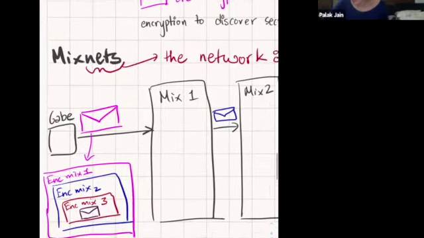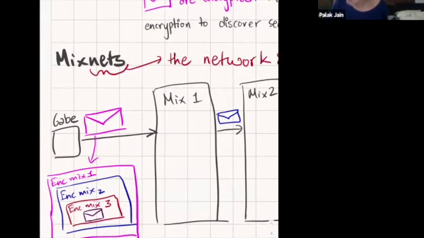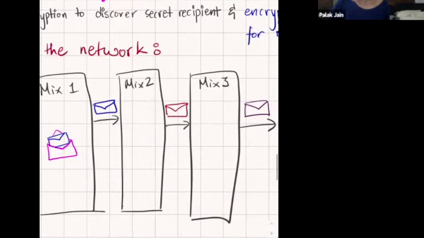And so that's what's going to happen here: this first mixing server that gets the messages is going to pull out the blue envelope and send it across. And then the second one is going to pull out this red envelope and send it across.